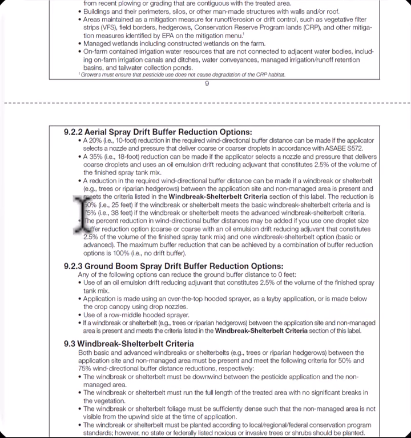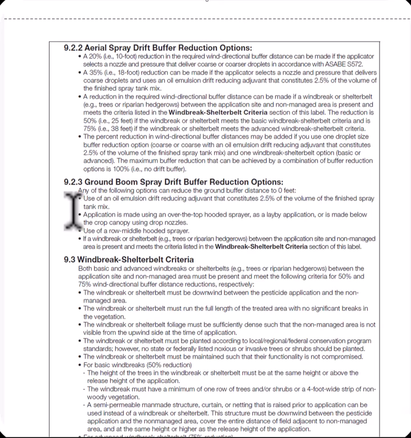You can do some additional things to reduce your drift, like if you have a wind break, and it gives all kinds of definitions for that. It also tells you if you're using things like oil immersion in your tank, that would reduce.